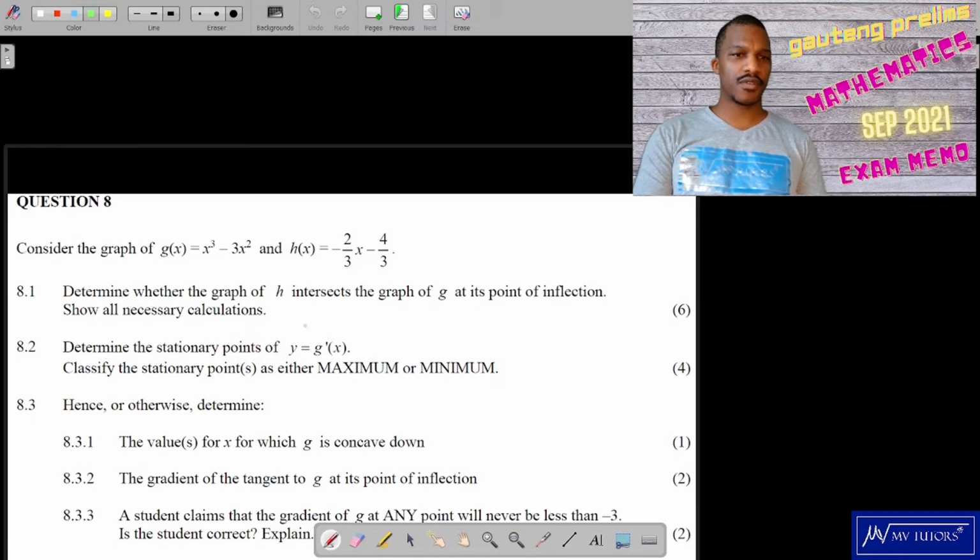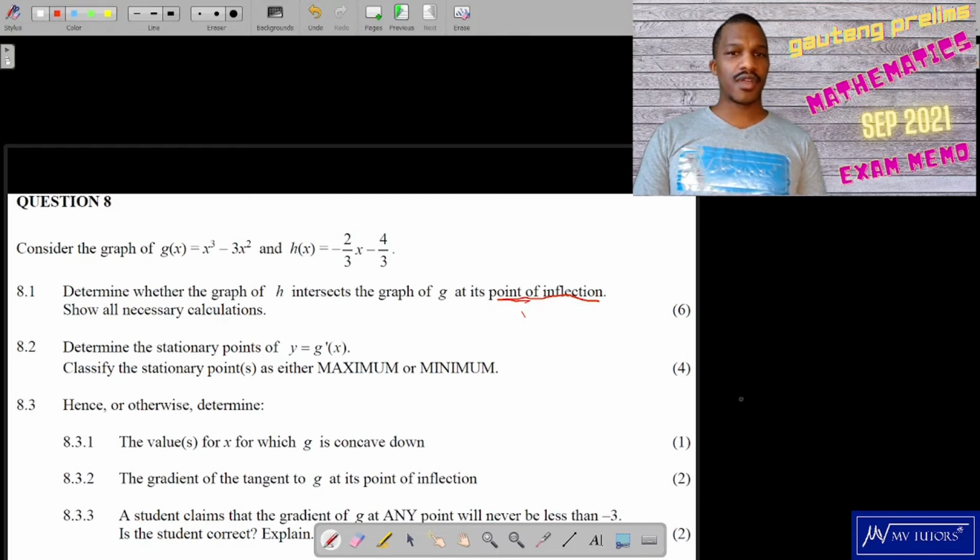So first of all, they are talking about this idea of a point of inflection right over there. As you can see, they're talking about the point of inflection here of G. So let's do it step by step.